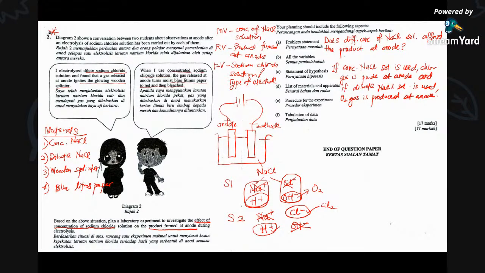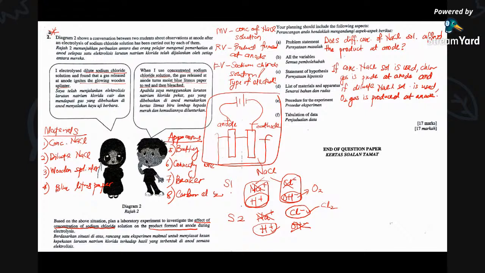Okay. Apparatus. For this setup over here, what do you need? You need battery, and then you need connecting wire, and then you need beaker, not test tube, you need beaker, and then you need a carbon electrode, to set this up.